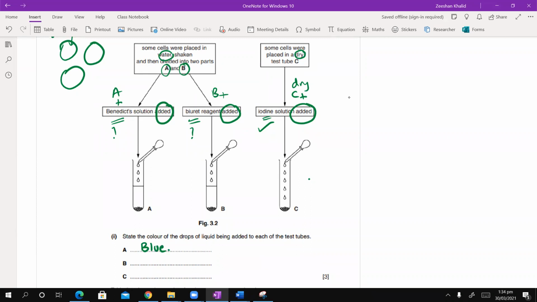Blue. What is the color of Biuret solution? What is being added to test tube B? Biuret is again blue. Okay, and then iodine. What is the color of iodine? Brown. Brown, orangish is acceptable.